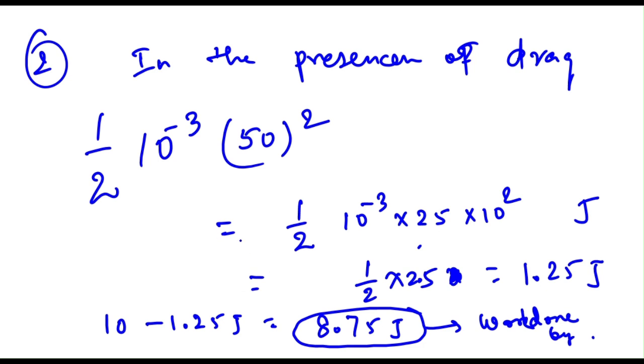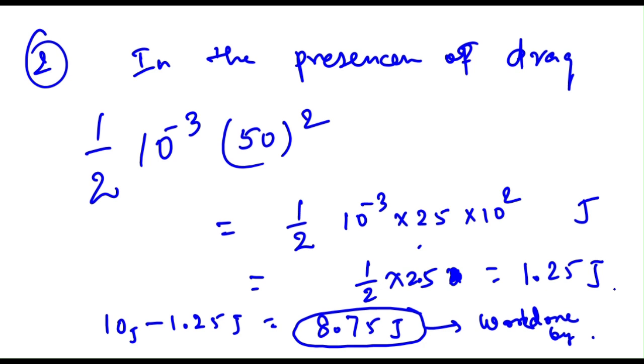And this much work, that is 10 joule, has been done by the gravitational pull, but the final energy remains only 1.25 joule. That is, there is work done which is opposing this gravitational pull.